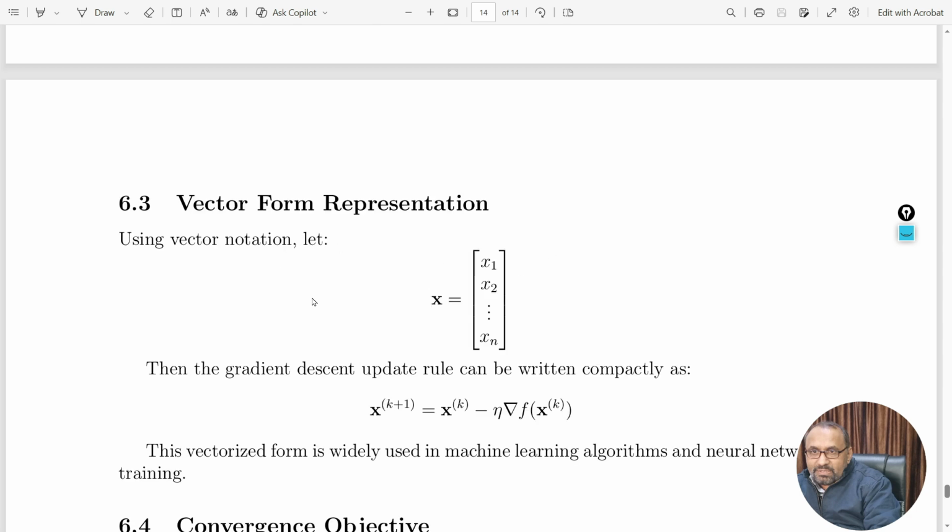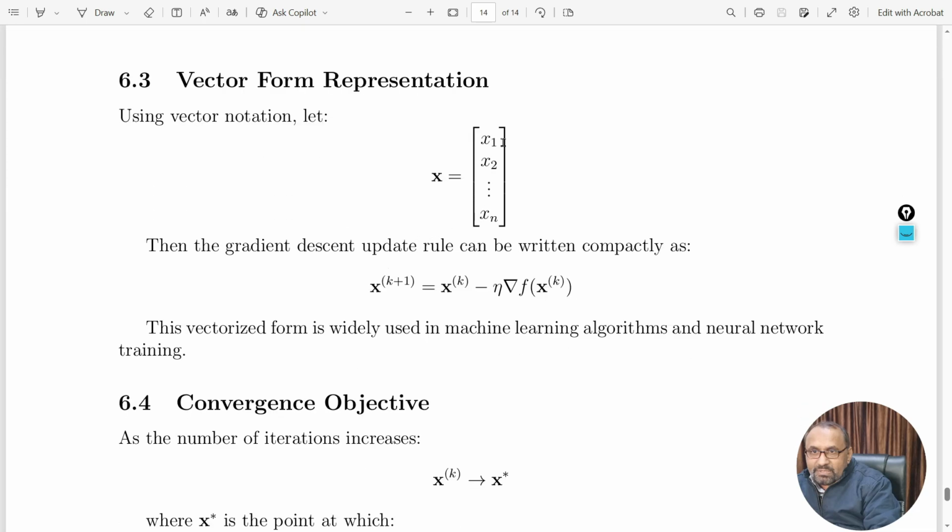And this is the vector form of the representation. If we have x equal to x1, x2, up to xn, the general gradient descent update rule can be written compactly as x_(k+1) is equal to x_k minus eta times del f of x raised to power k. Okay, this vectorized form is widely used in machine learning algorithms and neural network training.